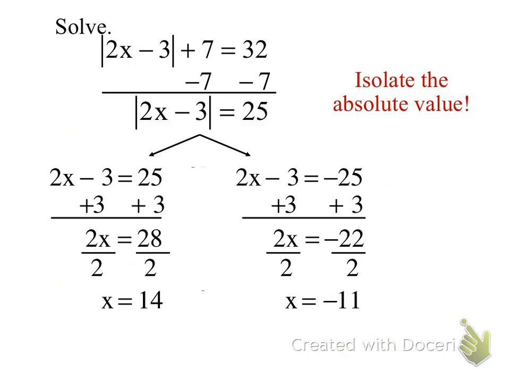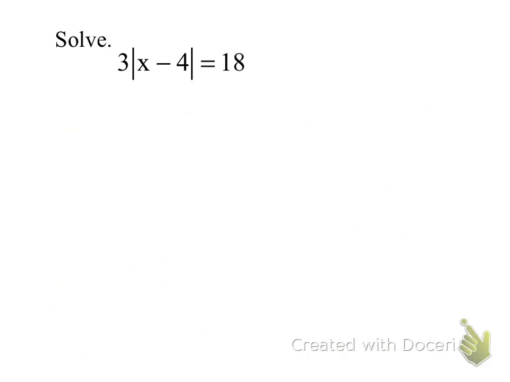At the point that the absolute value is alone, that is the point where we branch them out, because we have to account for this entire chunk equaling a positive value and a negative value. This whole thing has to equal that positive value, and that whole thing has to equal this negative value. So that is the point that we branch it off. Okay, and so my solutions are negative 11 and 14.